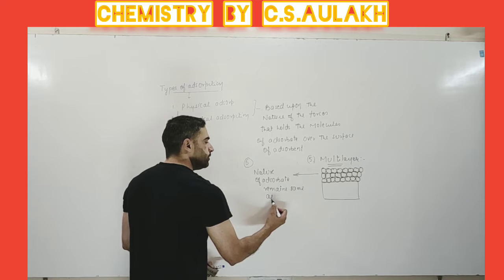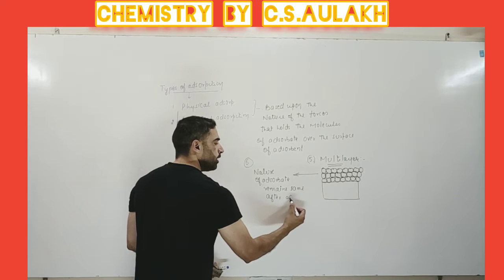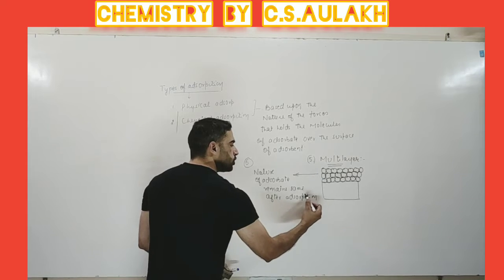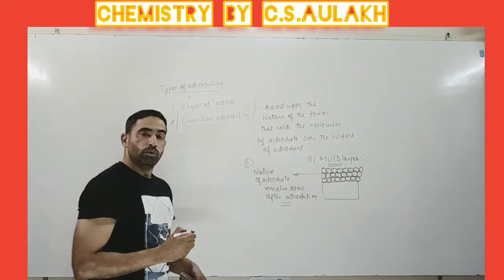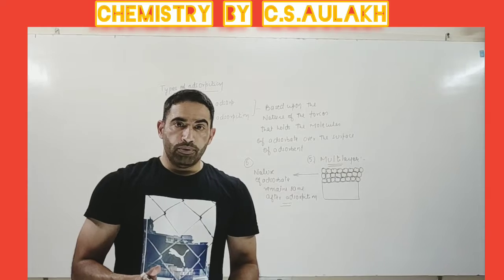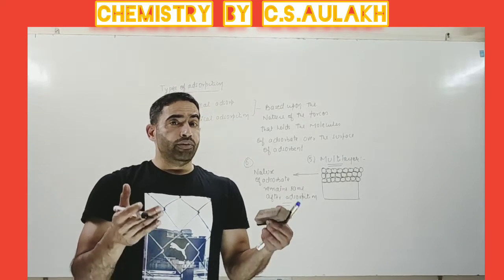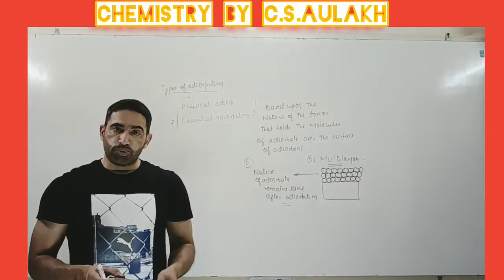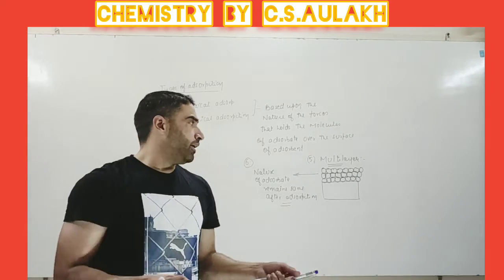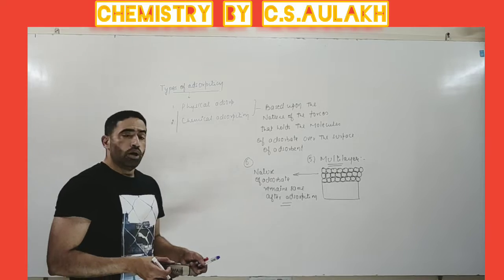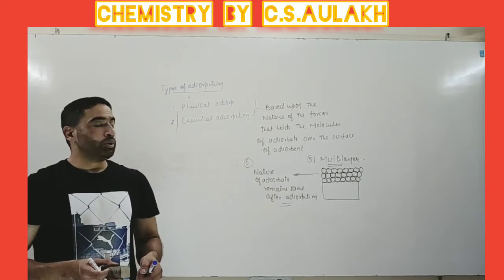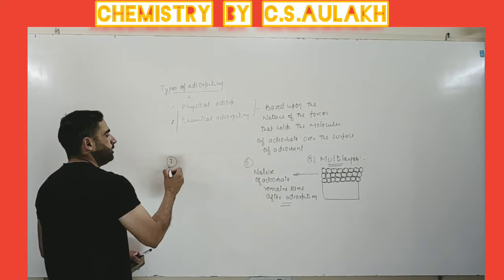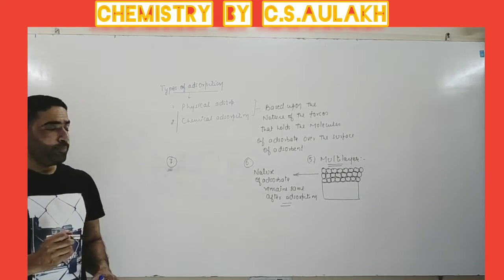After adsorption, there is no change in the nature of the adsorbent molecule. They are present in the same state as they were before the adsorption. So after physical adsorption, there is not any change in the nature of the adsorbent molecule. This is the sixth characteristic of physical adsorption. Then the seventh characteristic is there.